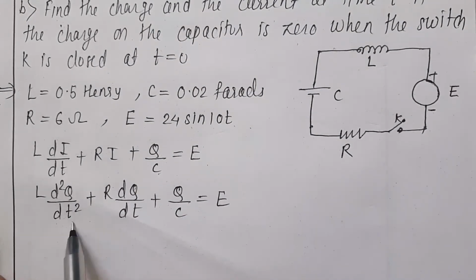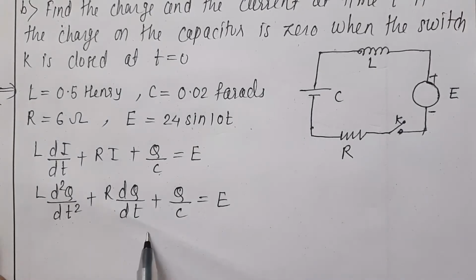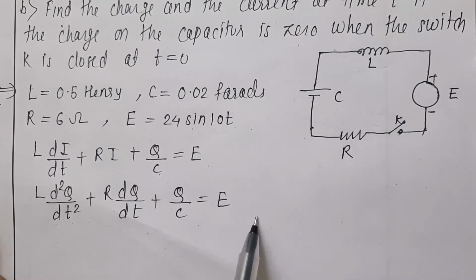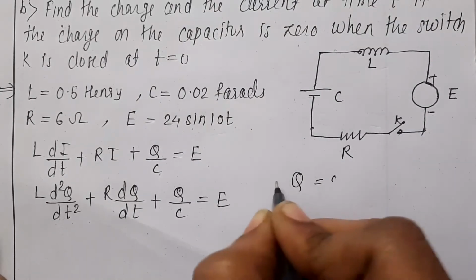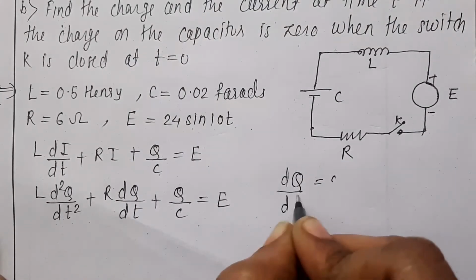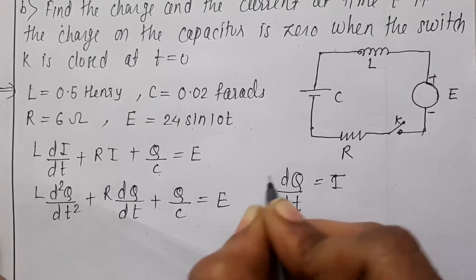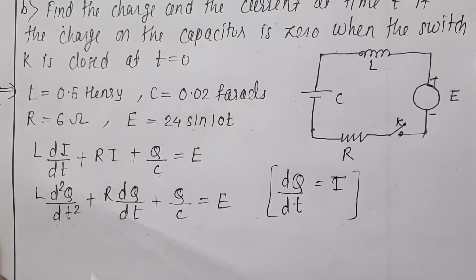So L d2q by dt square plus R dq by dt plus q by C is equal to E. If we substitute dq by dt is equal to I, we get L d2q by dt square plus R dq by dt plus q by C is equal to E.